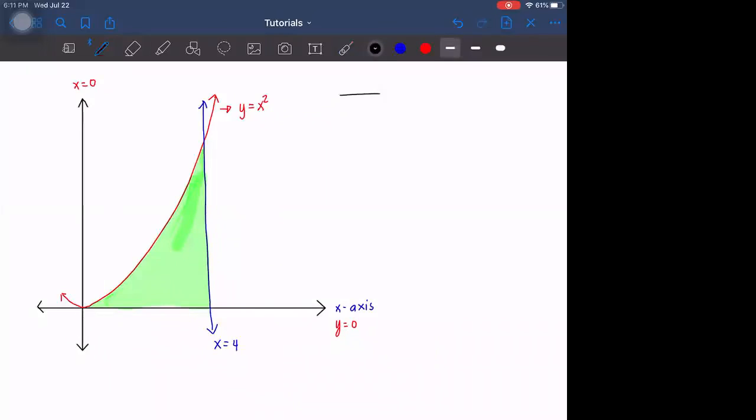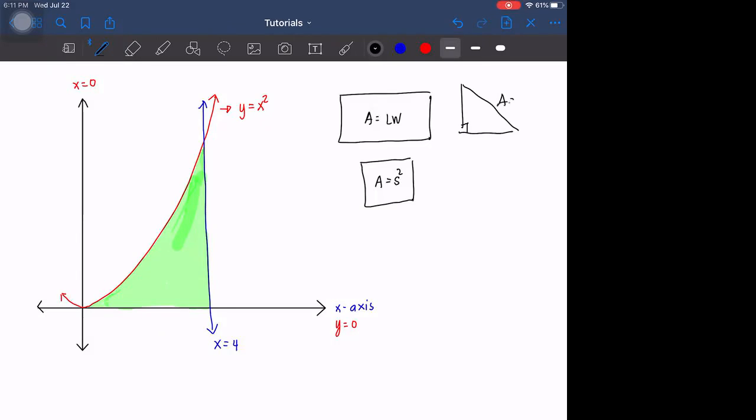None. If that was a rectangle, the area would have been length times width. If that was a square, the area would have been s squared. If that was a right triangle, or any triangle, the area equals 1/2 base times height.